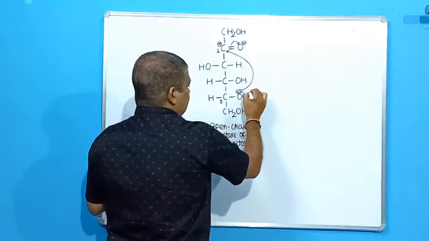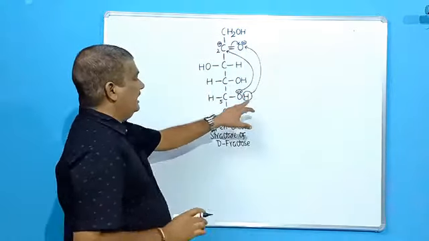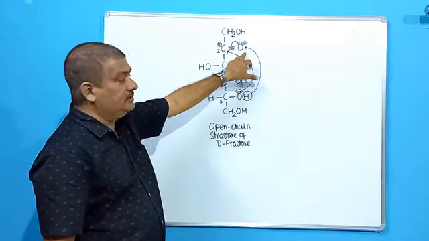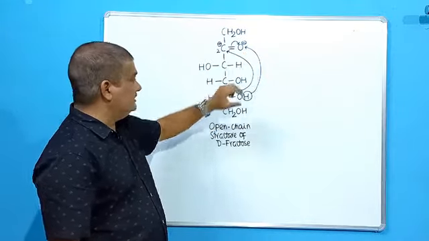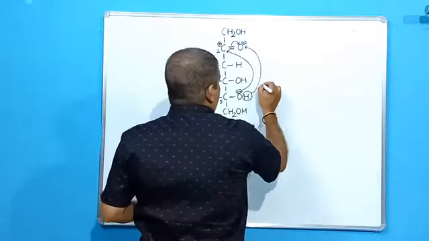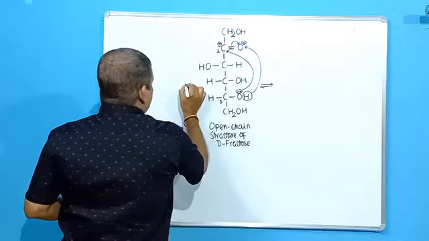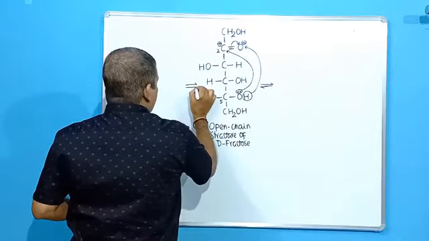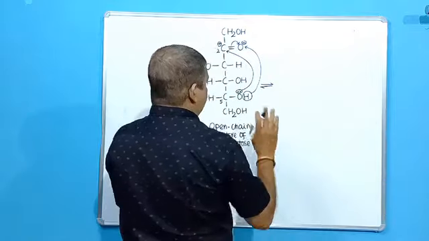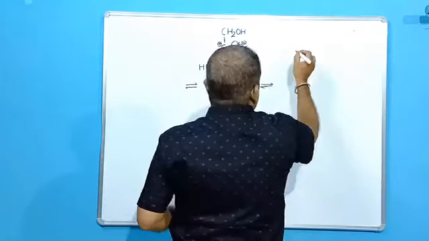Similarly, this hydrogen will be attached to the oxygen, because hydrogen has a positive charge here and it will attack O minus, because oxygen has gained a negative charge. So from these, two structures are possible: one will be alpha, another will be beta. Alpha means OH will be on the right side, beta means OH on the left-hand side.